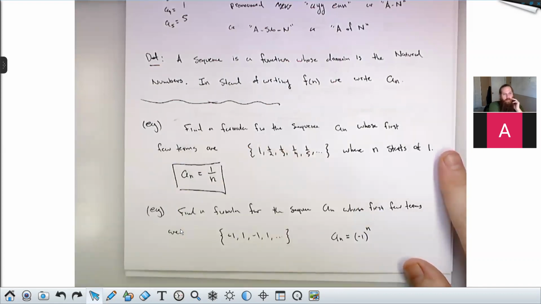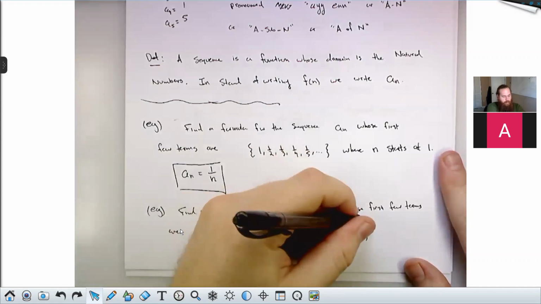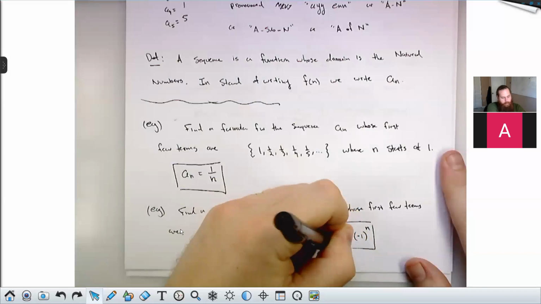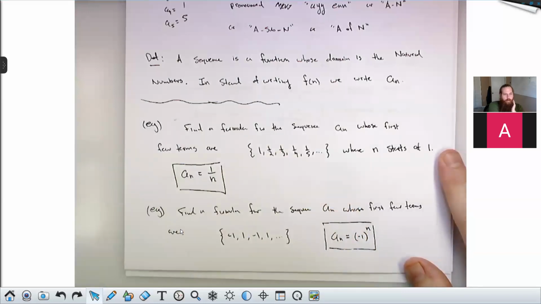-1 to the n. Yeah, Zach's getting clever there with trig functions. There are a couple other answers to this problem. So I would argue that the most natural way to write this is as -1 to the n. Now, sine of pi over 2 plus n doesn't quite work, but there's a couple things like that which do, and I'll show you those as well.